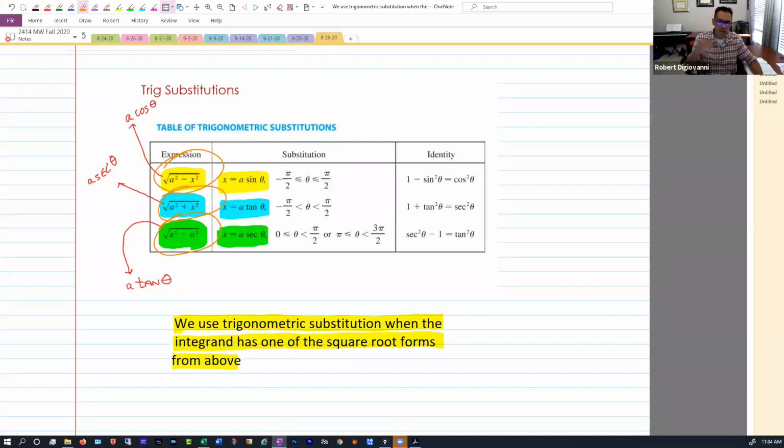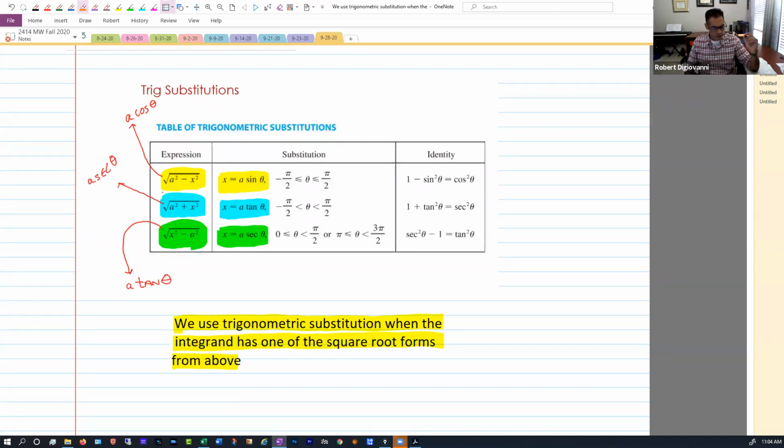If we see any of those, then we start thinking, okay, trigonometric substitution. Then we make the substitution, and good things happen to the ugly stuff in the problem. The square root turns into a trig expression, and what you wind up with at the end is a trig integral. As long as you can solve the trig integral, then you're in business.